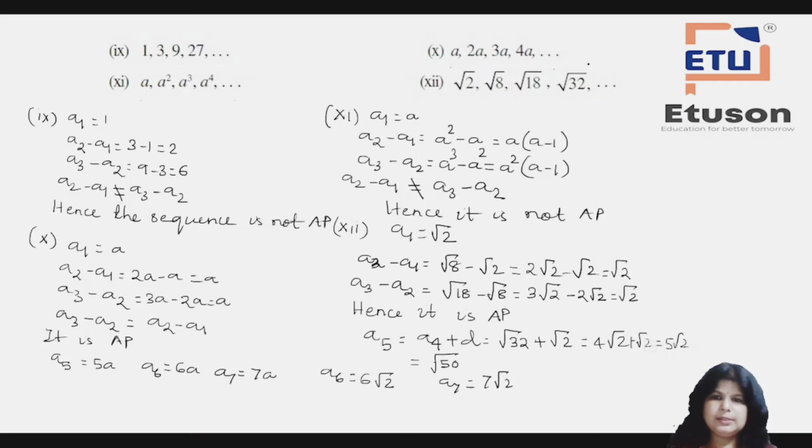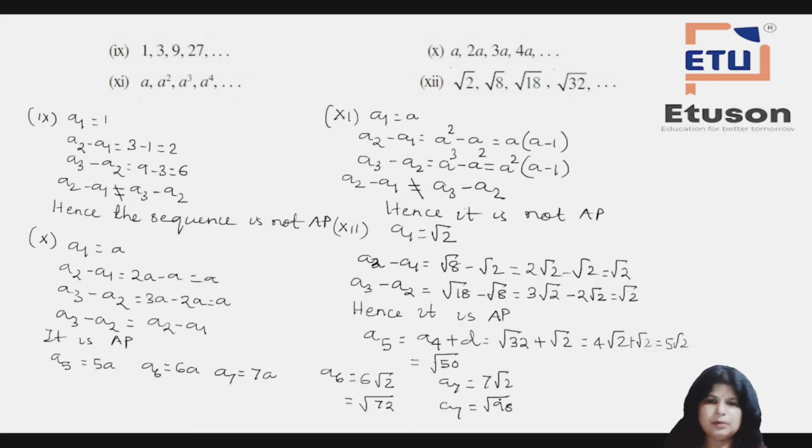But as you can see here, everything is within the square root symbol. So we have to take this number inside. When you are taking this number inside, you have to multiply the square of it. So you have 6 square equal to 36, so here it will be root 72. 7 square equal to 49, so here it will be root 98.